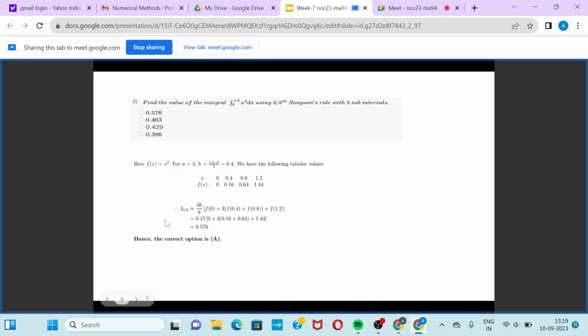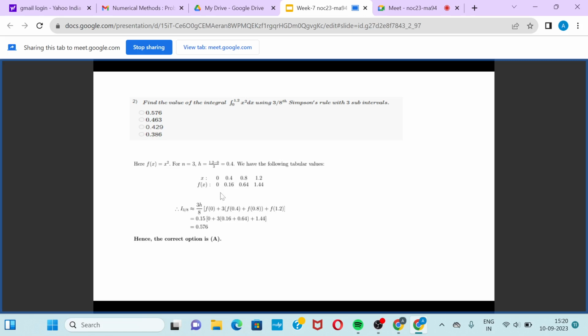Okay, so the Simpson's 3/8 rule, just apply the formula. It will give you 3h by 8 into f of 0 plus 3 times f of 0.4 plus f of 0.8, and next plus the last value f of 1.2.